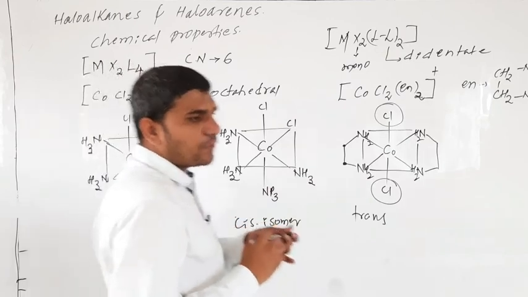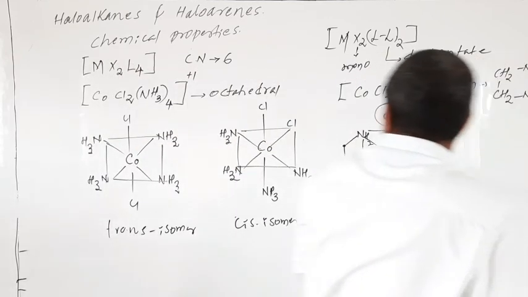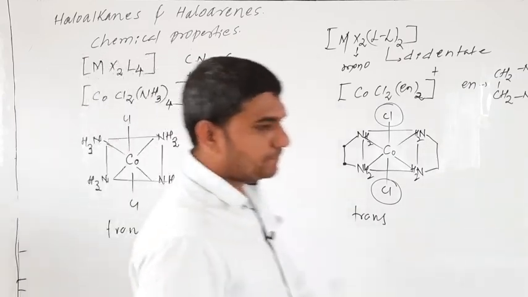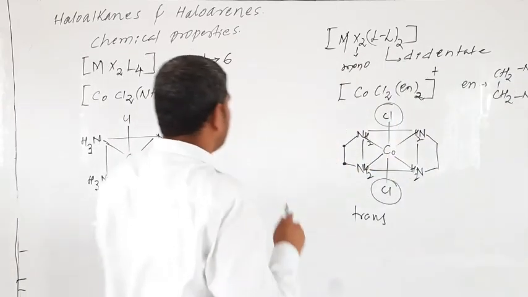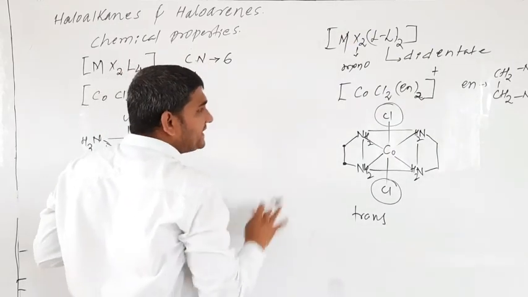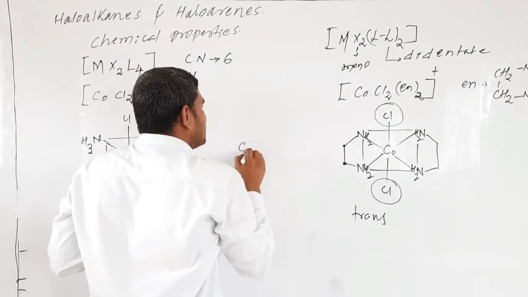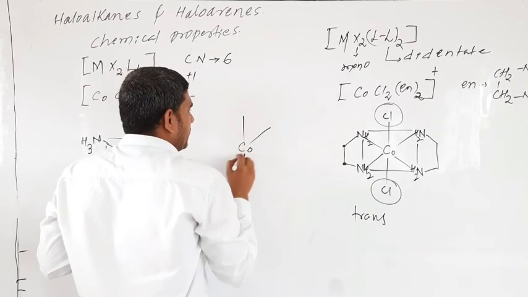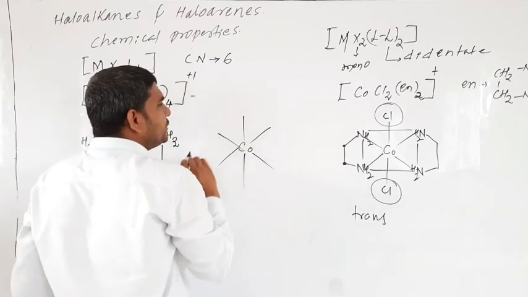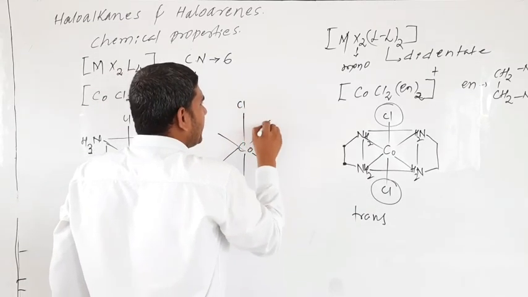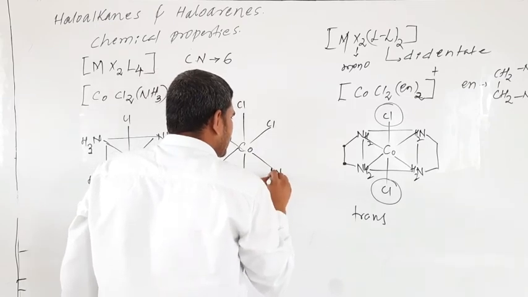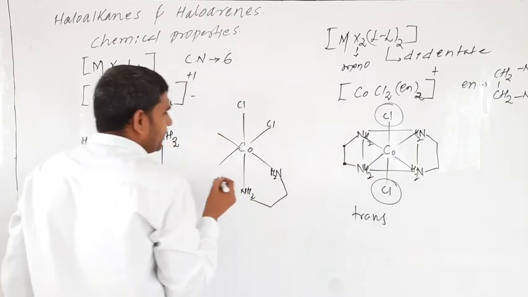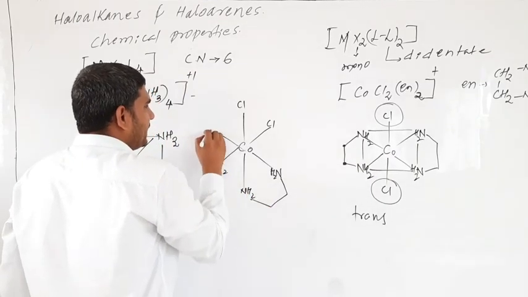How to write the cis form of this compound? It's very simple. You just represent them adjacent to each other. Cl over NH2, over here NH2.